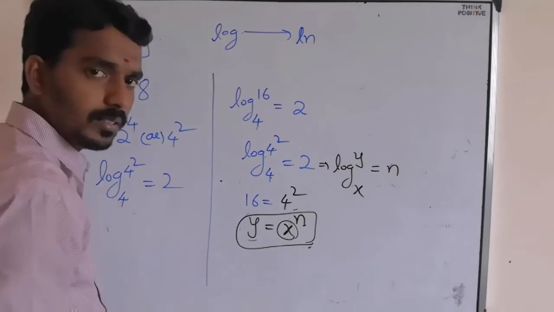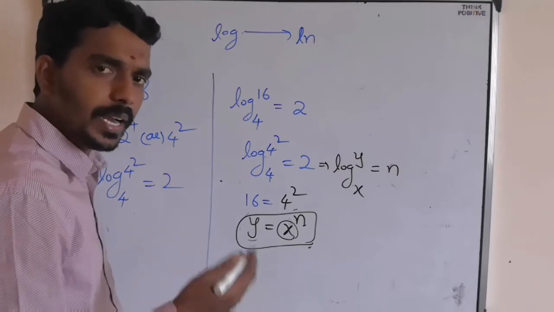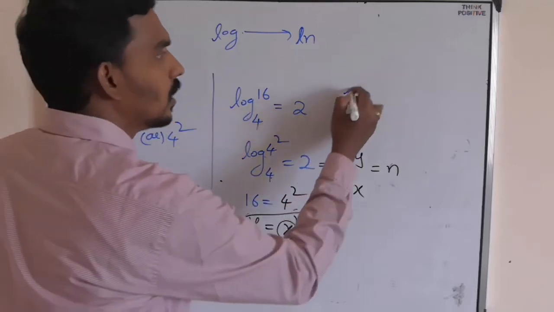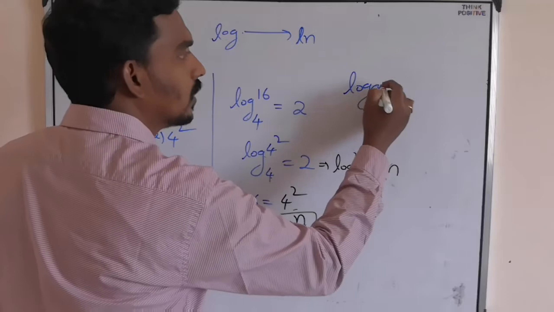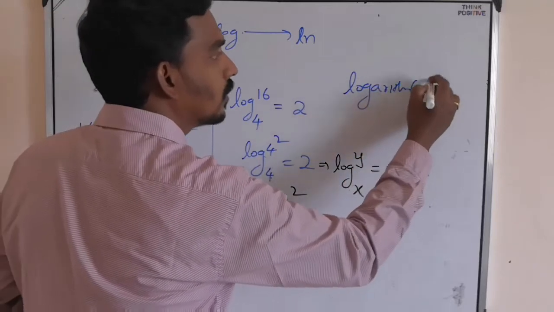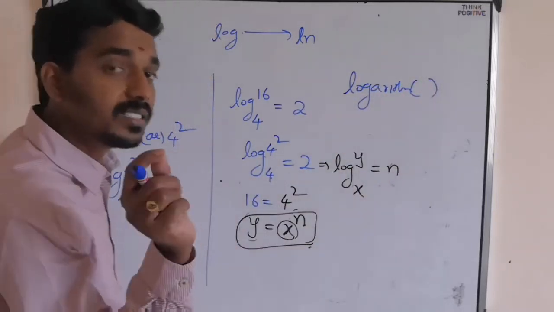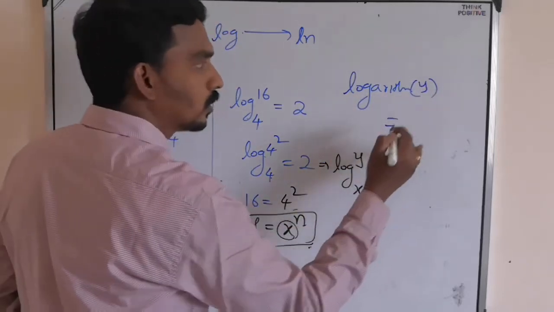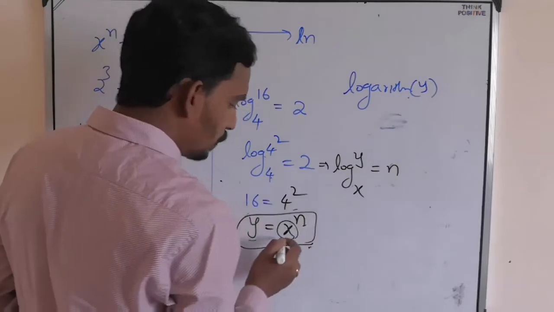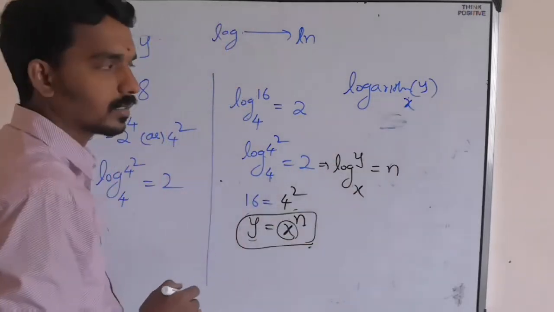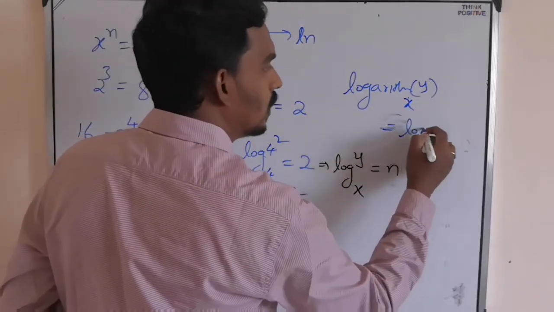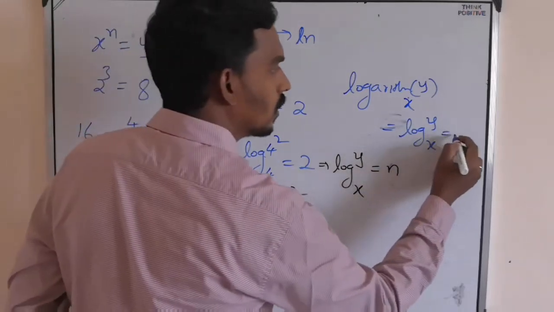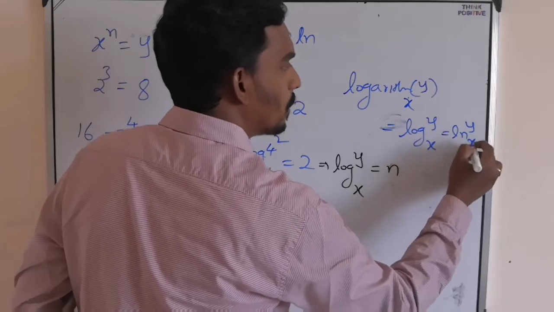So they have made one mathematical function from exponent, that is logarithm of the answer of the exponent, with respect to the base. What is the base? X. That you will write like log y base x or ln y base x.